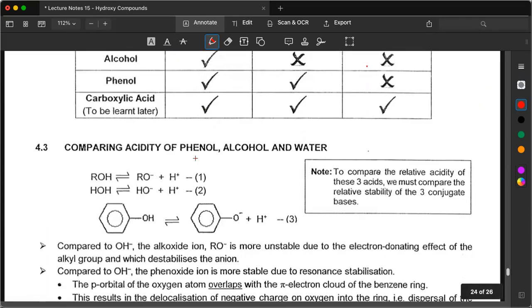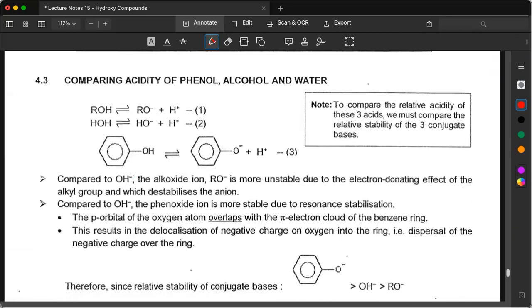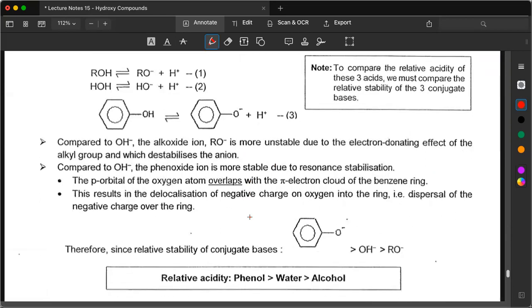Now, comparing to OH minus, the alkoxide ion RO minus is actually more unstable because of the electron donating effect, as we mentioned. Compared to OH minus, the phenoxide ion is more stable due to resonance stabilization. And we have already talked about this earlier.